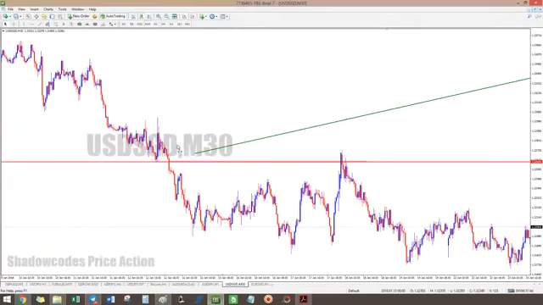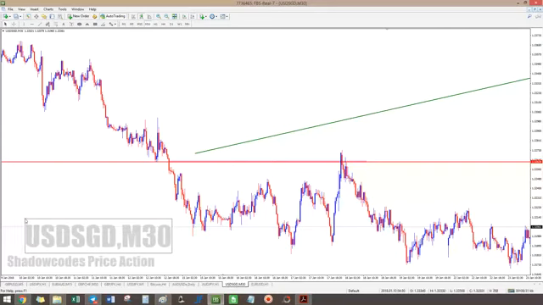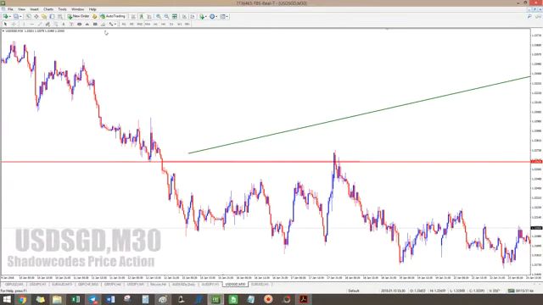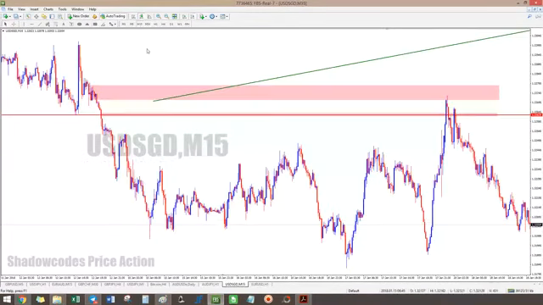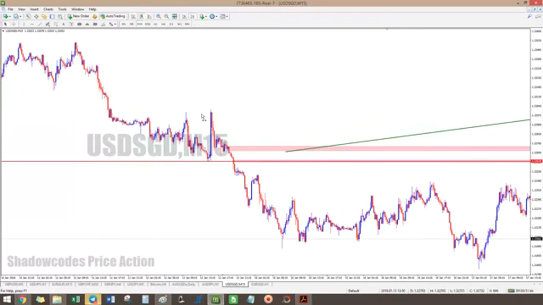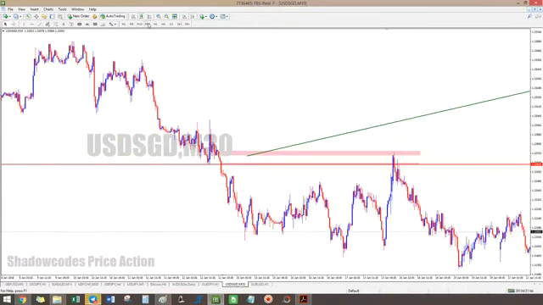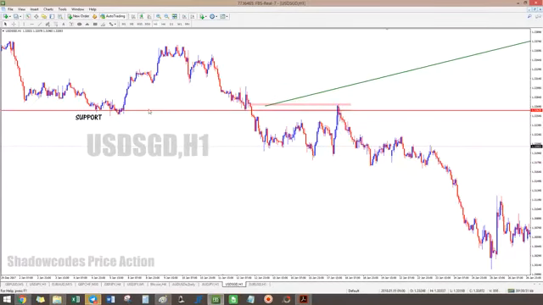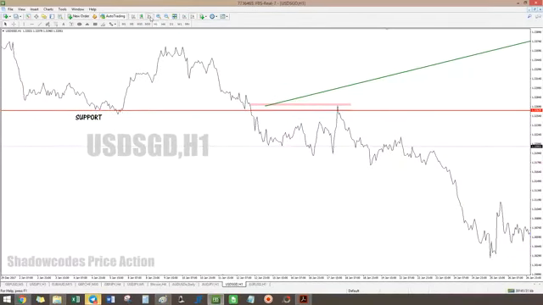So actually the decision point is out here. Just go to a lower time frame, and there it is, the decision point above the stop hunting level. Why is it? Because most of the traders will be trading this level.